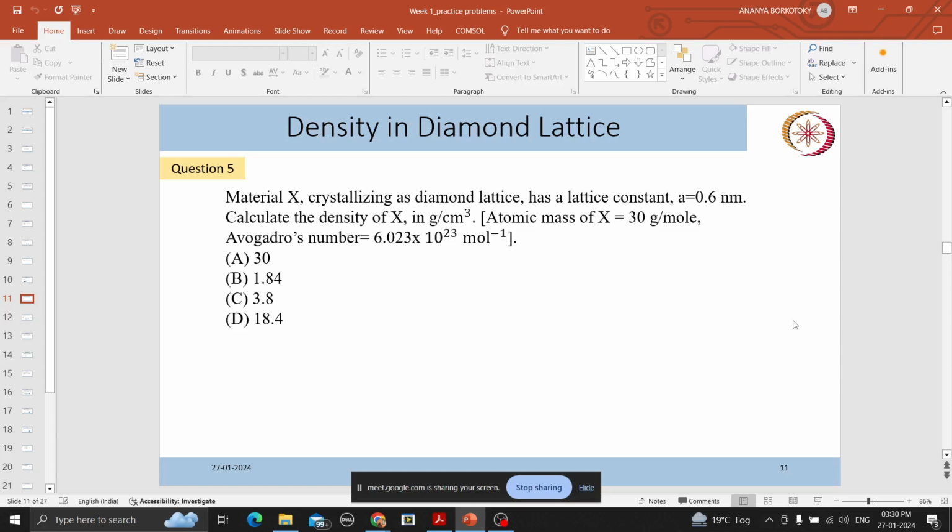And please be careful here with the units because the final answer will be in gram per centimeter cube, and the options are given in this unit only. So from lattice constant, that is given in nanometers, so use the correct unit.